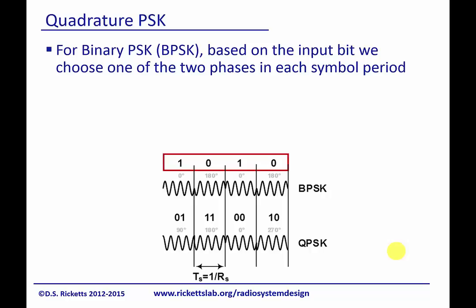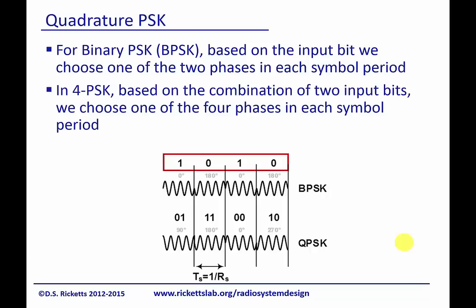And now for 4 PSK or Quadrature PSK, and why do we say Quadrature and 4 PSK? This is something that's important, I'll draw it over here. In a 4 PSK, we could have one angle here, one angle here, one angle here, and one angle here. And you can see this is just 4 angles, right?